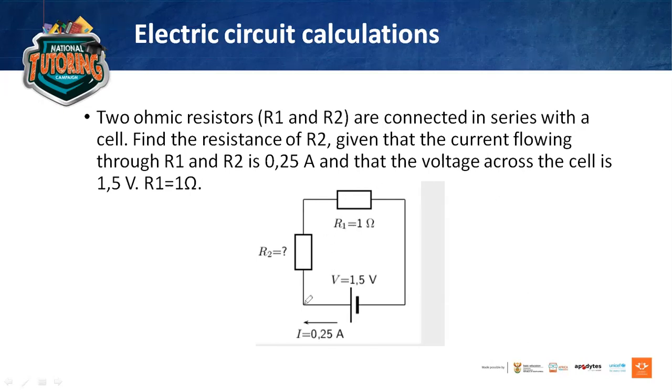And then once you have V2, you can find your R2, because you're just going to say R2 is equal to V divided by I. And that's how you find your answer. I don't know if it makes sense. If you guys want me to repeat it, I can do that. But that's how we would calculate a problem of this nature.